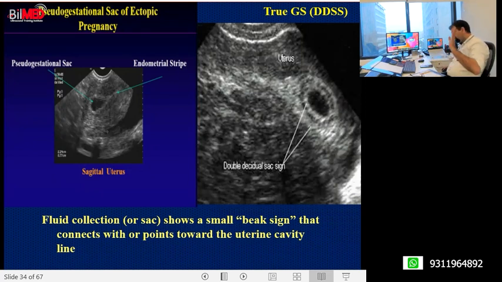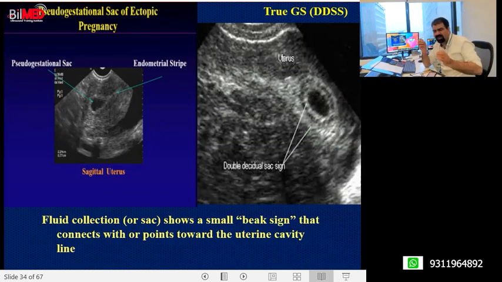Now see, the point is that you should know the things. You should not just know that this is the blob sign, this is the beak sign, this is this sign, this is that sign. No. You should know the fundamentals. If you know that this will taper toward the cervix and this tapering is called the beak sign, this will be one more thing which you put in your basket.